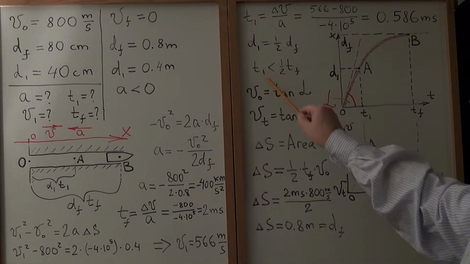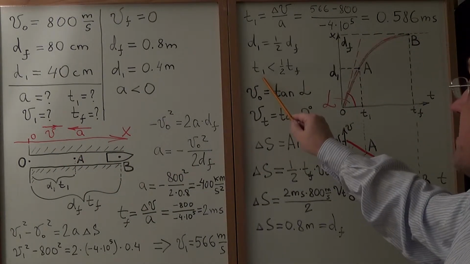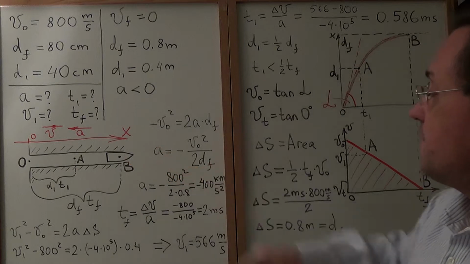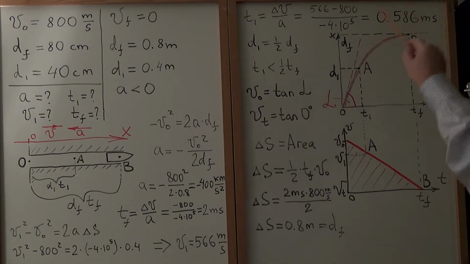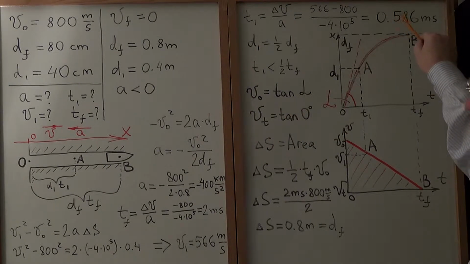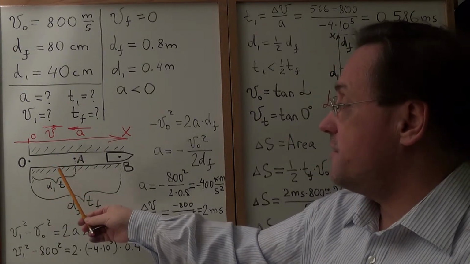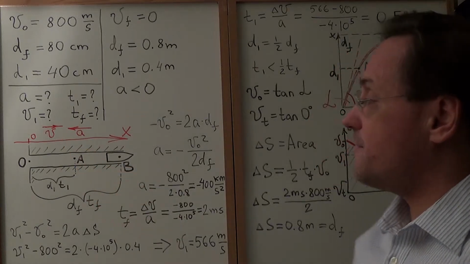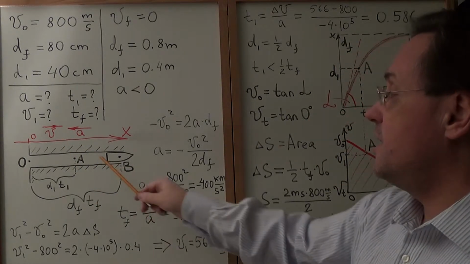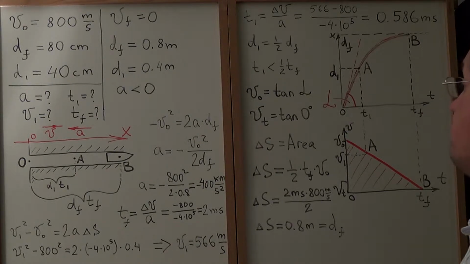However, the time that's spent on the first half is much less than time spent on the second half. Total time 2 milliseconds, but on the first half of the distance we spent 1/4 of the total time, simply because in here velocity is much higher, body slows down, so on the first half velocity is higher, on the second half velocity is lower.